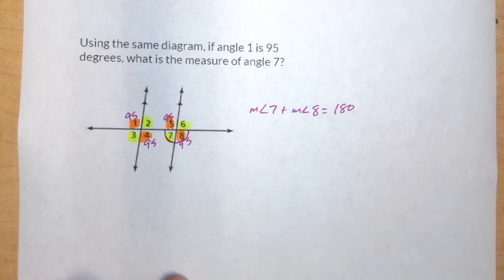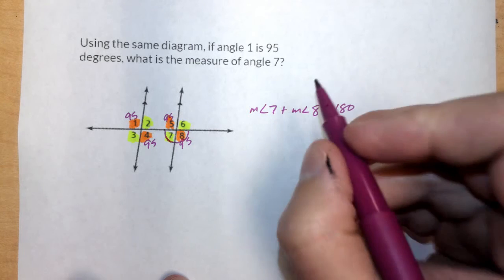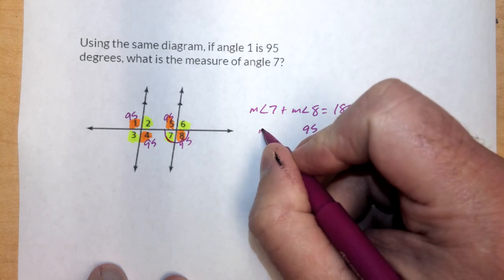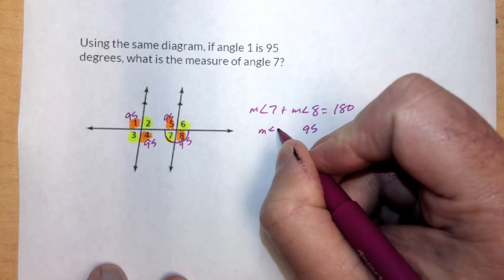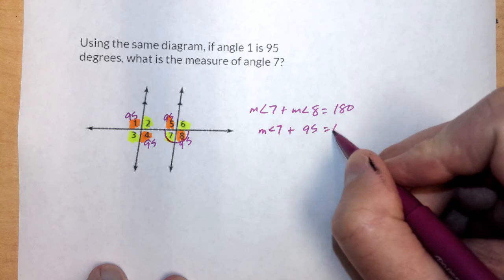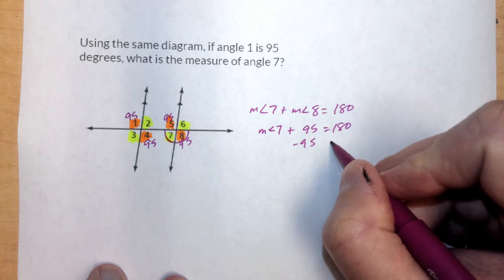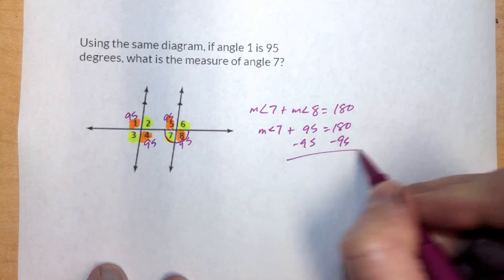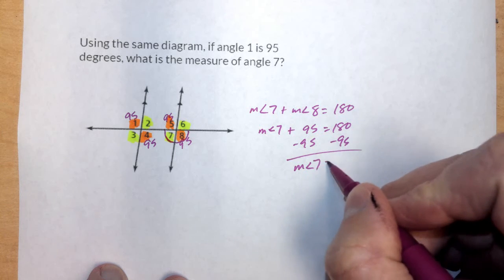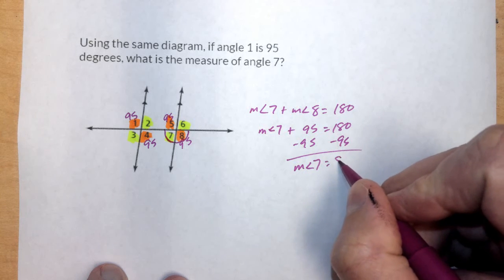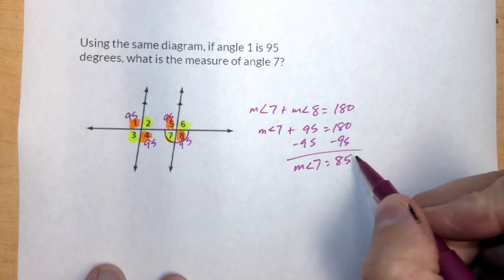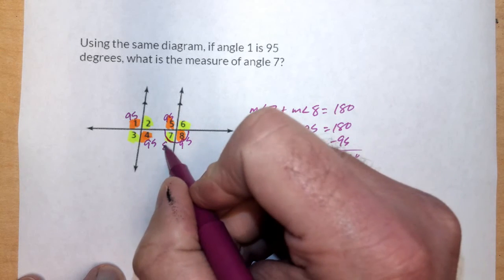Well, if we know that this is 95 for angle 8, then to find the measure of angle 7, all we have to do is subtract the 95 away from the 180, which leaves angle 7 equal to 85 degrees. So angle 7 is 85 degrees.